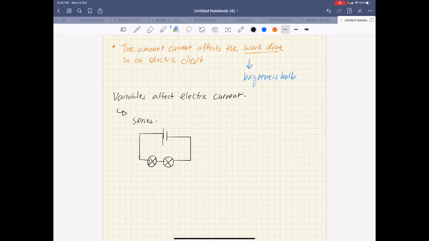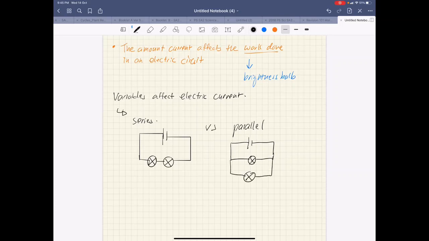So this is a series circuit, whereas your parallel looks like this. Same number of batteries, however, your bulbs look like this.